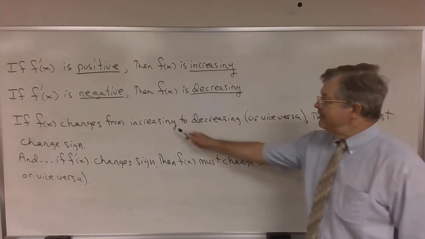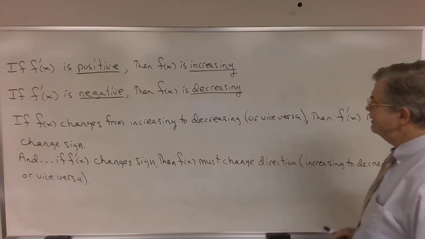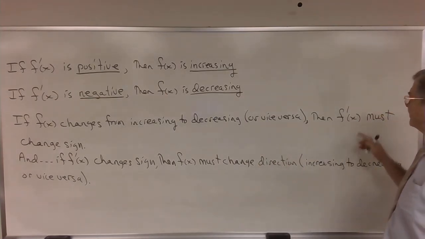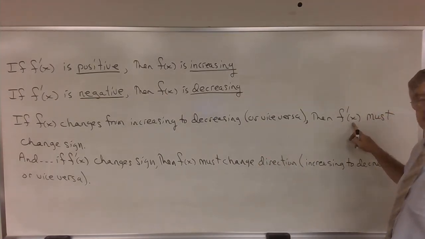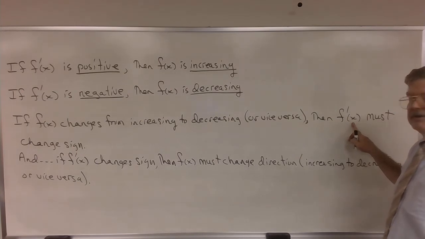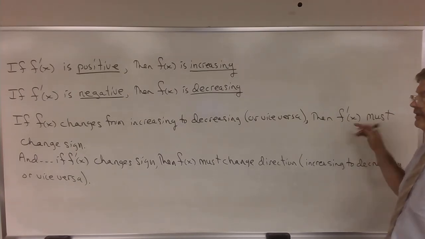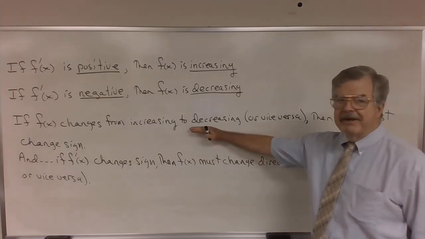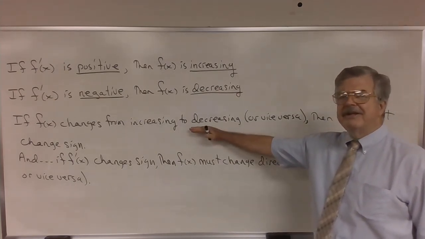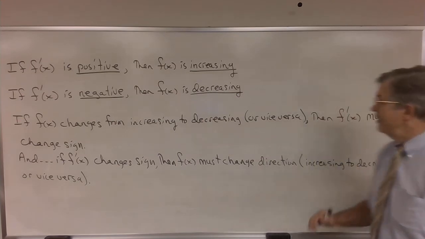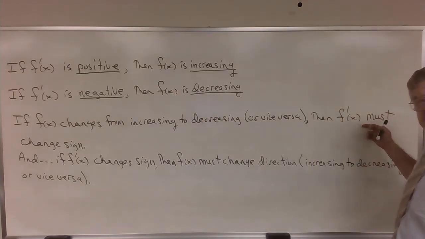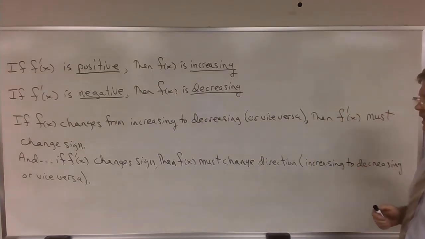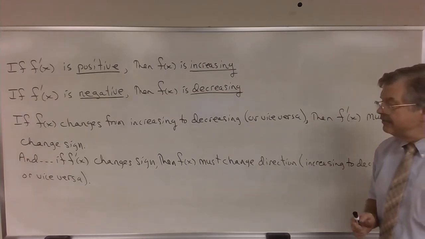So let's see, if f of x changes from increasing to decreasing, or vice versa, then the derivative has to change from positive to negative or negative to positive. So in other words, if f of x changes from increasing to decreasing or decreasing to increasing, the derivative has to change sign. And that works the other way around too.